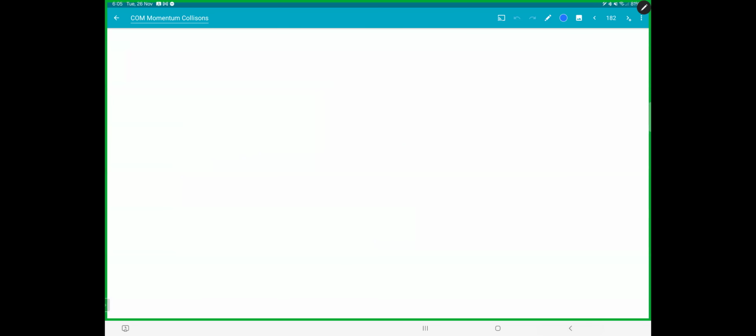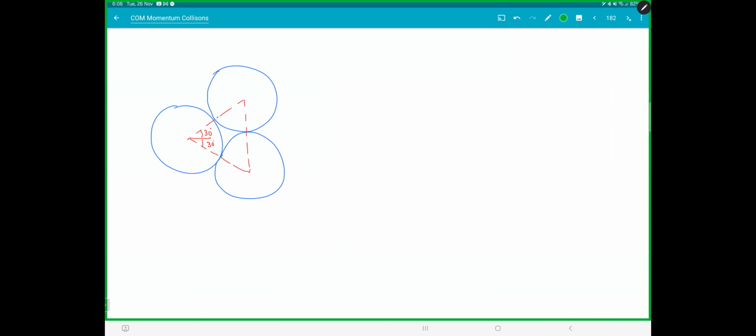Just to give an idea, when they're colliding, if you draw the common normals, this will be the line joining the centers. What will be the angle between them? Equilateral triangle, right? It will form 60 degrees each. So these half angles are 30 and these half angles are 30.